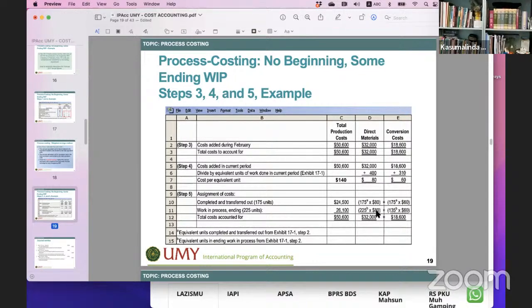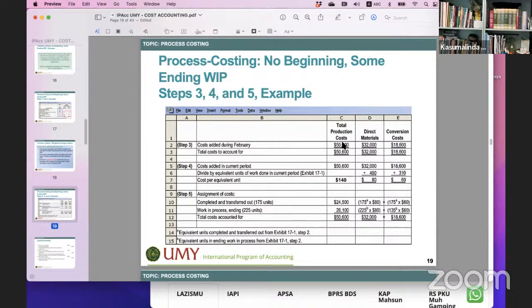Okay, and once we got this, we add these two, the direct materials and the conversion, the total. We got the total here, the total for both, untuk completed and transferred out 24,500, and for ending work in process 26,100. And if we total these two items, completed and ending work in process, we got 50,600, and we call it total cost accounted for.